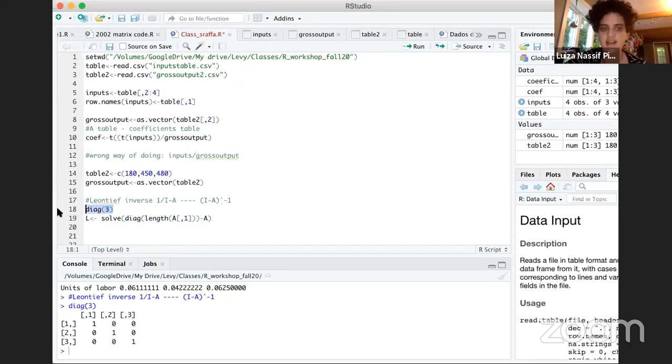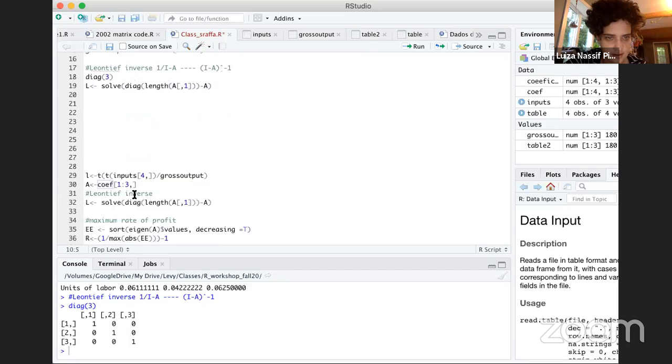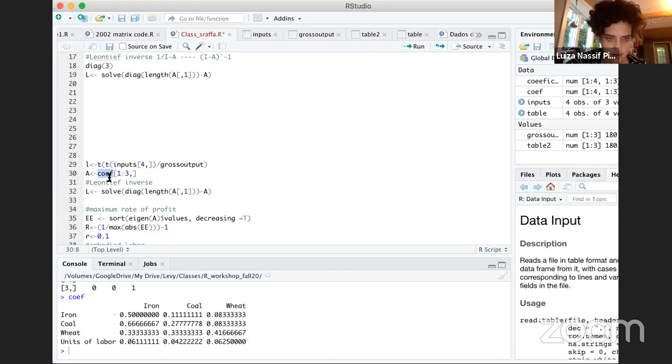So you could just use diag 3 here. But the reason why I'm using the length of A is so that this actually works, even if what I had inputted here changes. Oh, well, before anything, I'm going to need to call my coef an A table, right? So my coef so far.